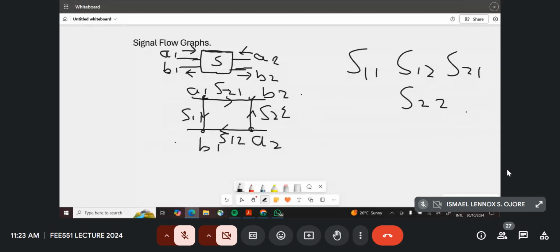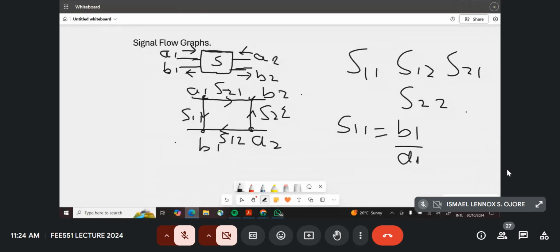So S11 is equal to B1 over A1. So as I said, the denominator is where it's originating from, and the numerator is where the branch is going to.